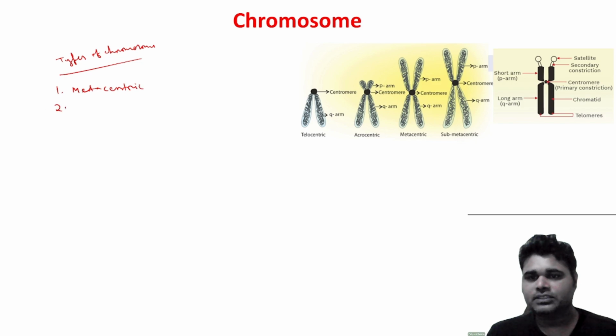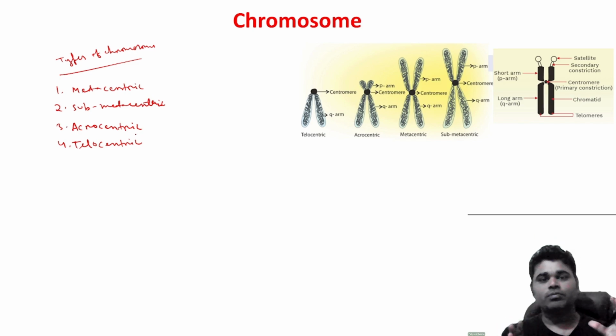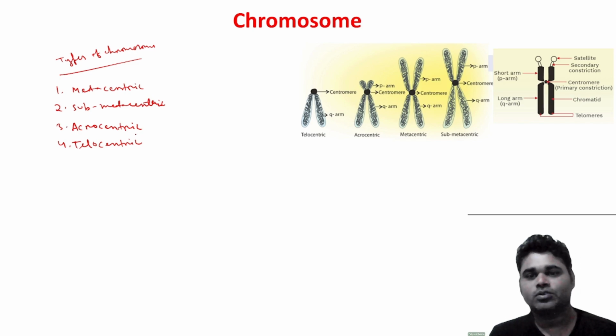The second one is called submetacentric. The third one is called acrocentric, and the fourth one is called telocentric. So these four types of chromosomes are present on the basis of the presence of the centromere.